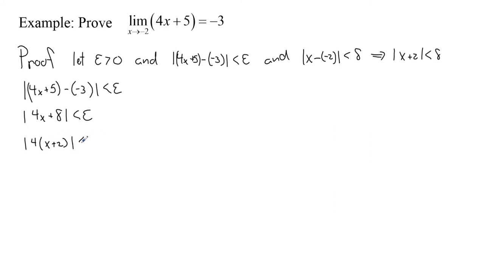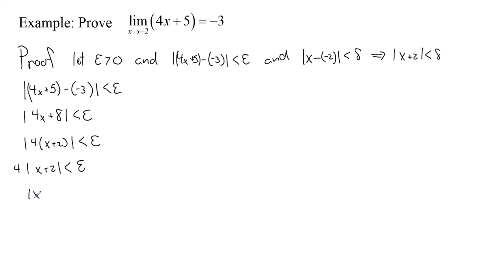Still absolute value less than epsilon, and absolute value makes everything positive. So I can factor out this 4 and put it outside the absolute value, because it would be positive, and then x plus 2 inside the absolute value would also still be positive, so I can do that. That's not going to be a problem. Divide both sides by 4.